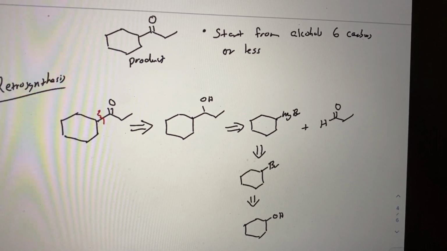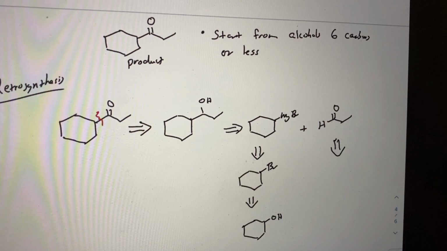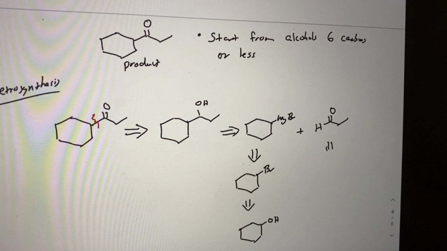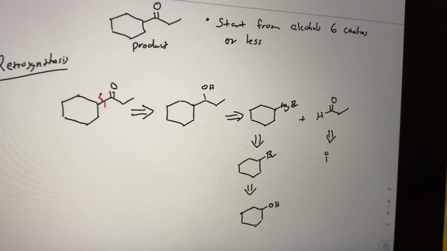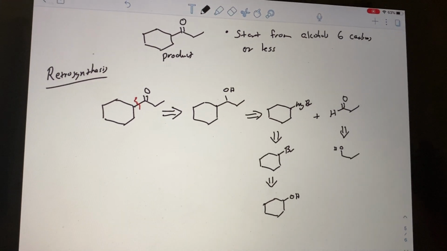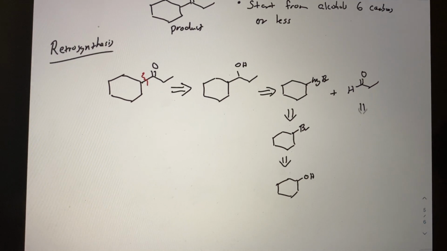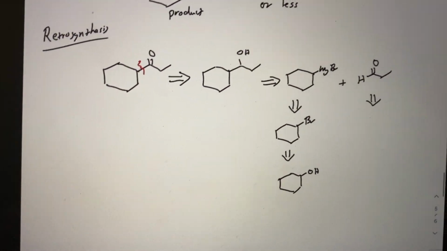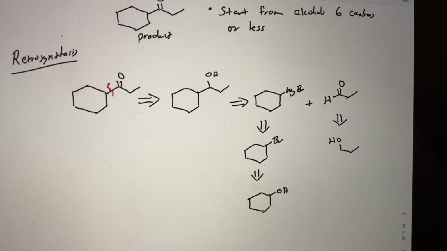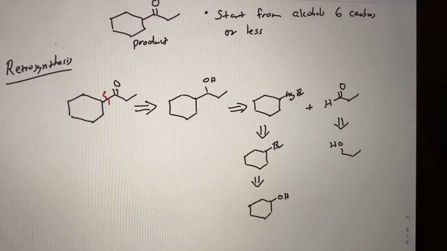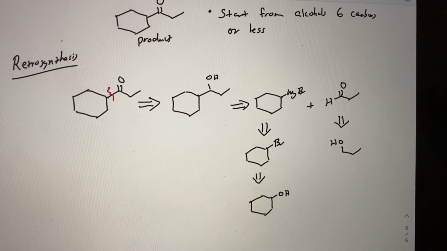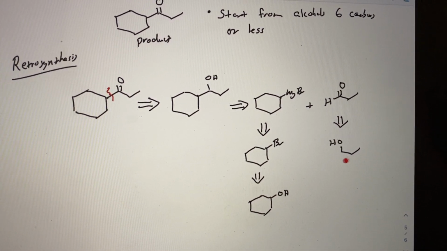And then all we have to do with our aldehyde is, we know that aldehyde, it's not drawn well, this aldehyde could be made from an alcohol. I'll just draw in the same format, 6 carbons or less. So that's propanol. I can draw that better, I think. Okay. So now we have our two starting materials, cyclohexanol, alcohol 6 carbons or less, and propanol, 6 carbons or less.